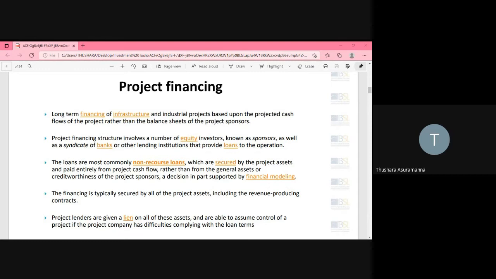The last one, project lenders are given a lien on all of these assets and are able to assume control of a project if the project company has difficulties complying with the loan terms. So very good point, the last one.